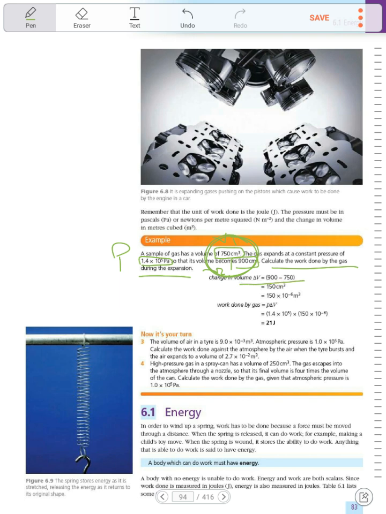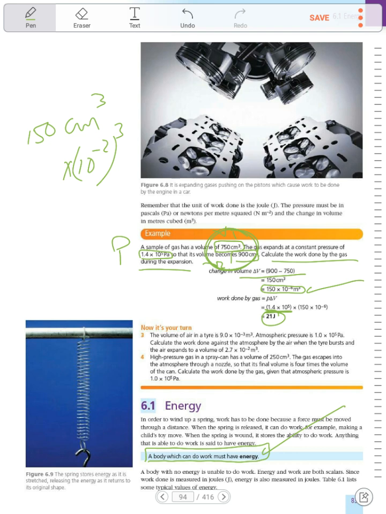This is the change in volume value, and we can change it from centimeter cubed to meter cubed by multiplying it by 10 to the negative 2, cubed. So this is the new volume, and multiplying it by the pressure in Pascal, we have the work done in joule.